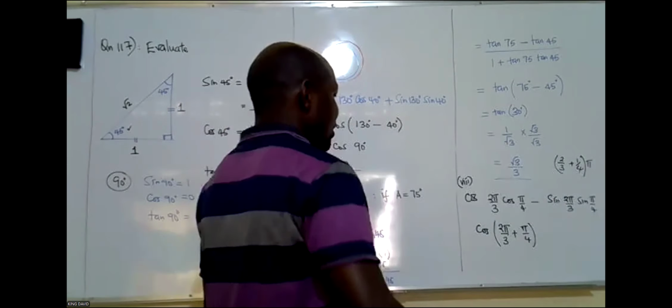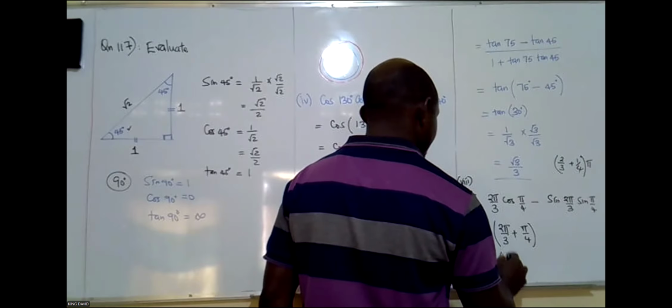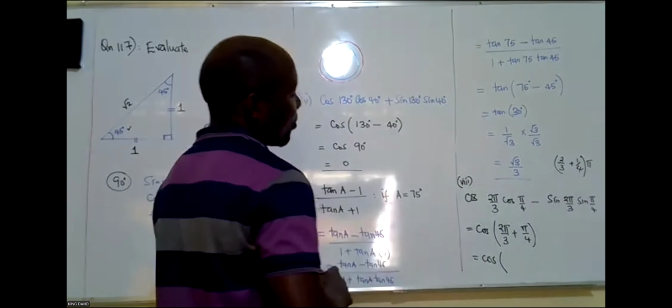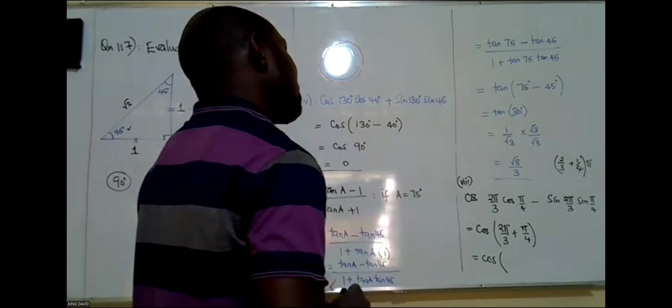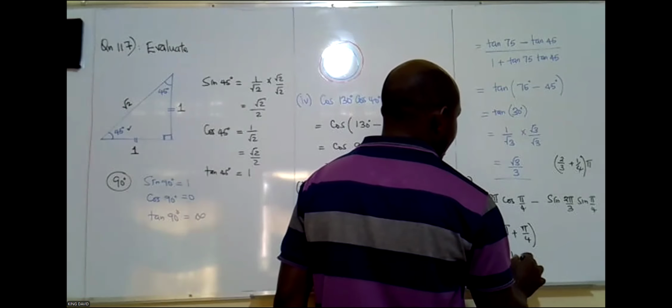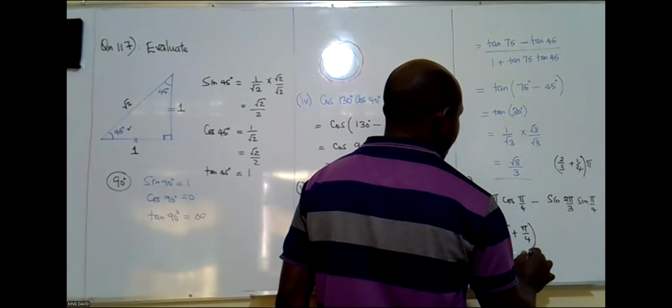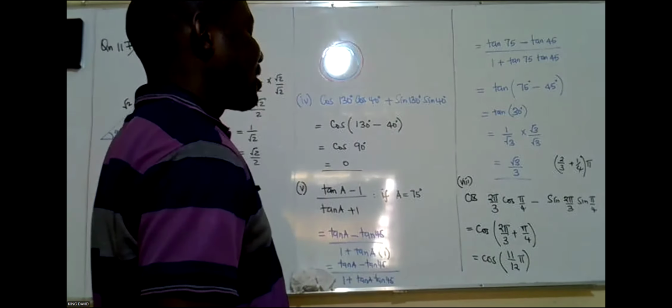So 2 out of 3 plus a quarter is what? This is 8 plus 3, 11. Isn't it 11 out of 12 pi? 2 out of 3 plus a quarter gives that.